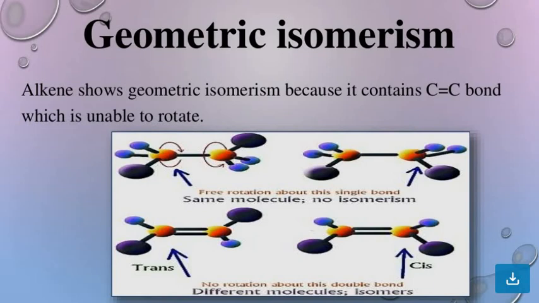Now geometrical isomerism. This term is also very important because carbon-carbon single bond rotation is easy, but carbon-carbon double bond rotation is not easy. So there are trans and cis isomerism. Alkenes show geometrical isomerism because they contain carbon-carbon double bonds, which cannot rotate.